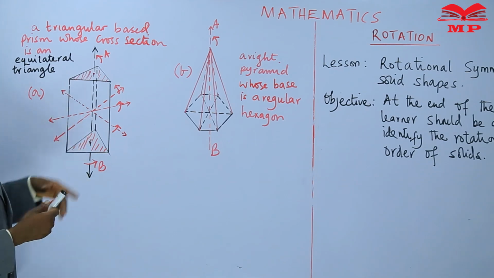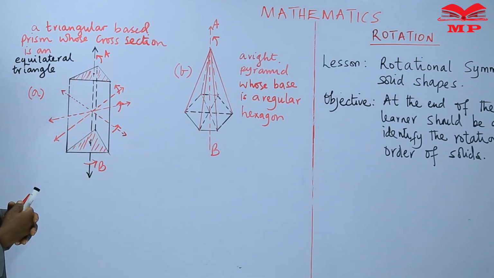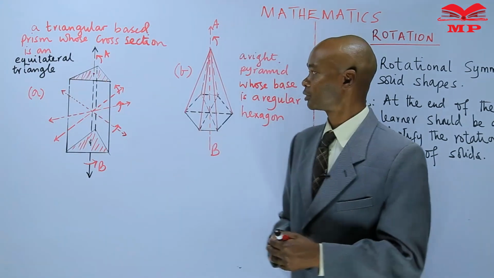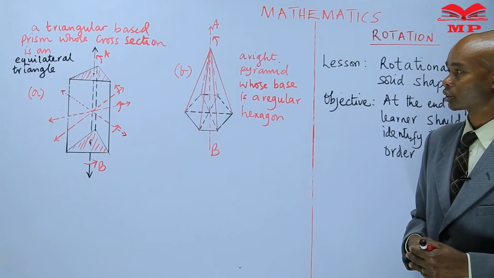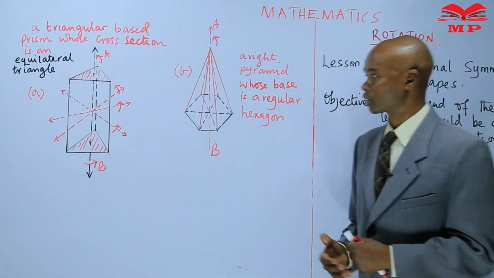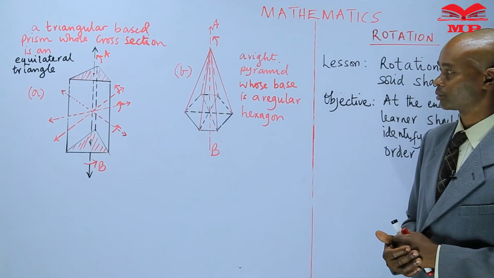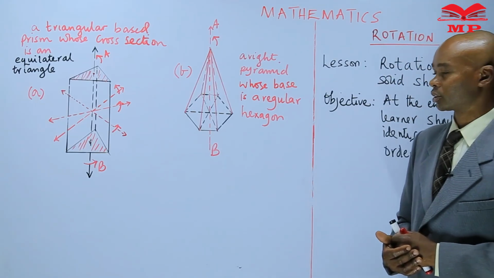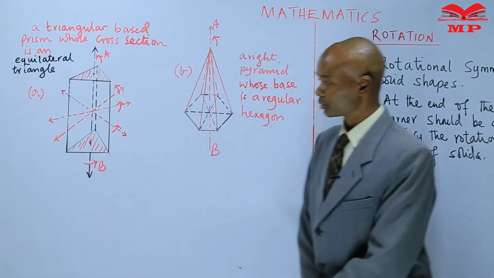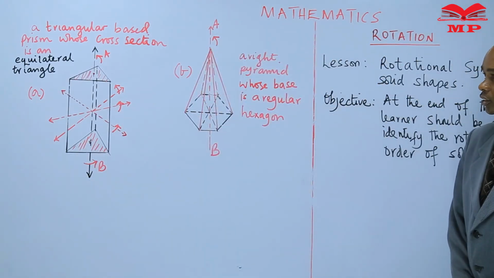So from that intersection, you can see 3 horizontal axes. When I talk of 3 horizontal axes, they'll have which rotational order?